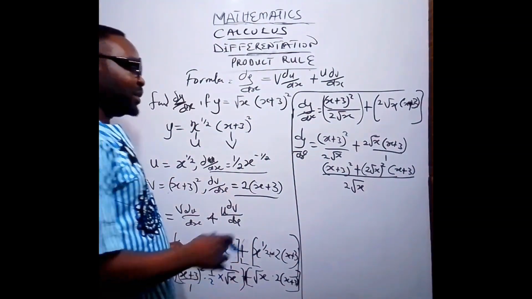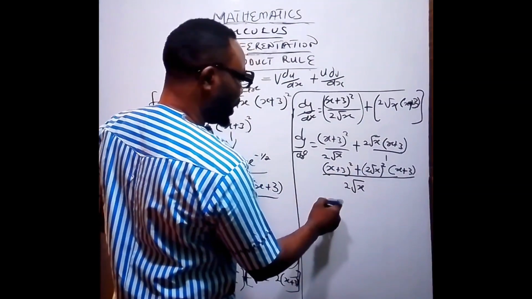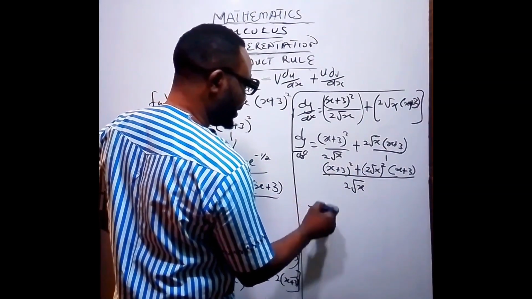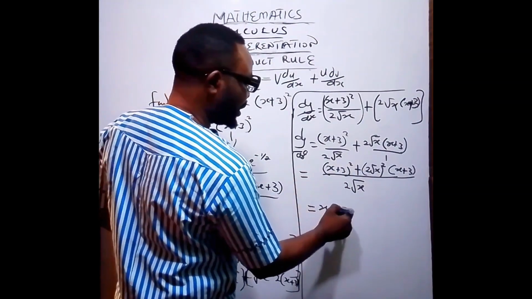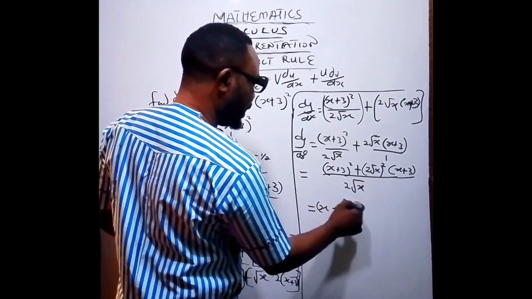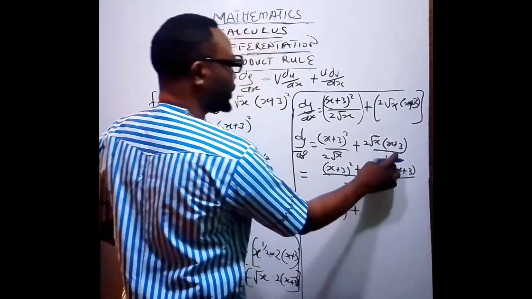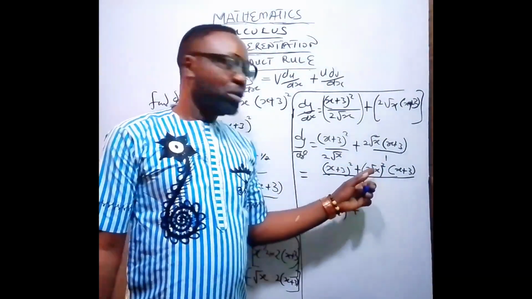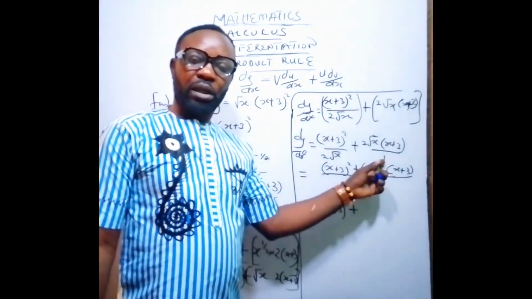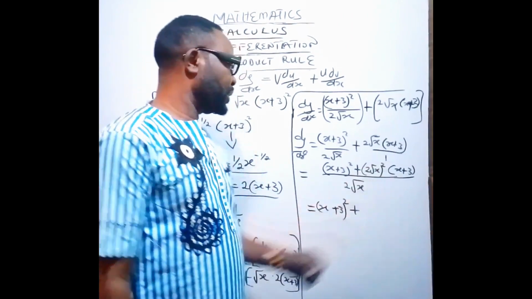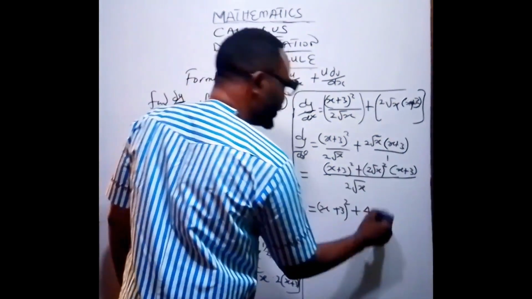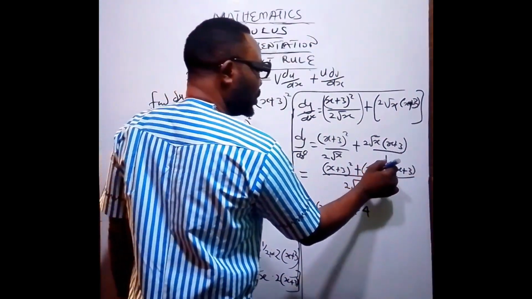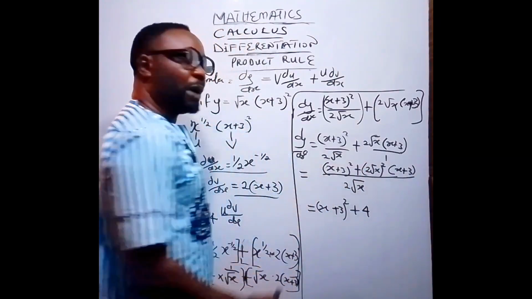Now, at this level, we can say this one is x plus 3. Don't forget, it is equal to x plus 3 squared plus, now, 2 raised to power 2, because everything inside this bracket here will have the power of 2. 2 raised to power 2 is 4. Root x, raised to power of 2.